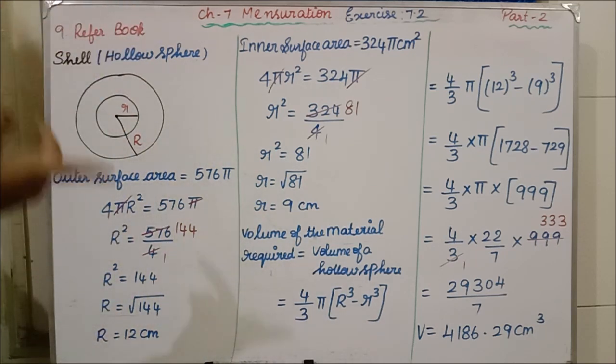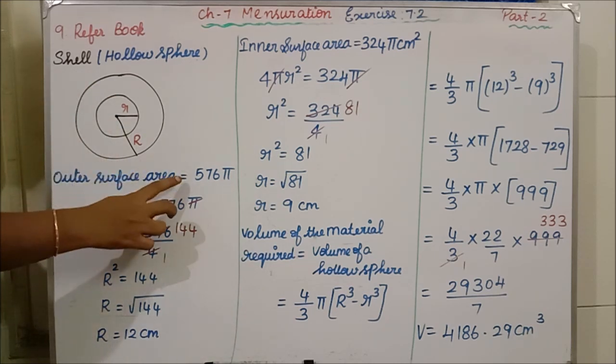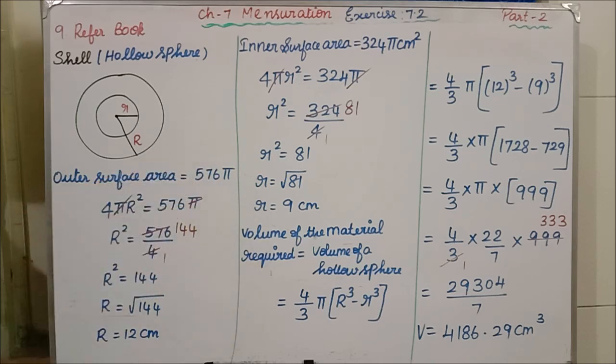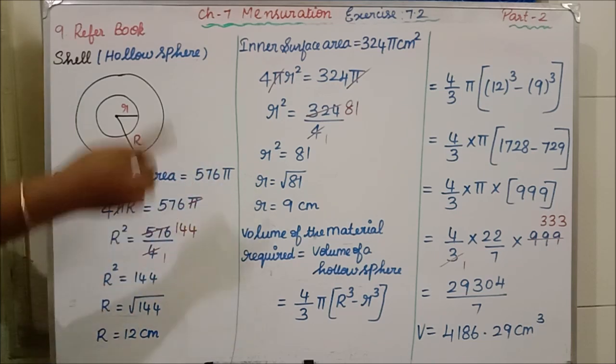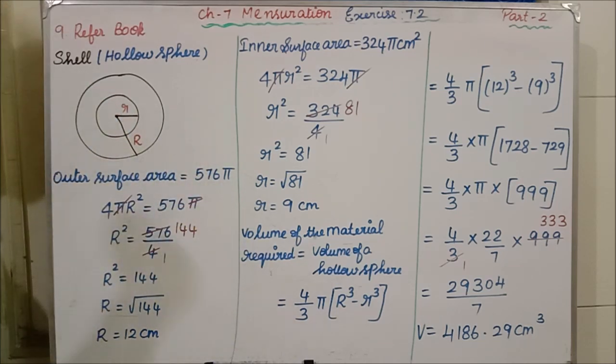But instead of giving the direct answer, they have given the outer surface area value as 576 pi centimeter square, which means that is not volume, that is an area. So area means for the sphere you will have both curved surface area and total surface area, both are the same only, which is 4 pi r square.